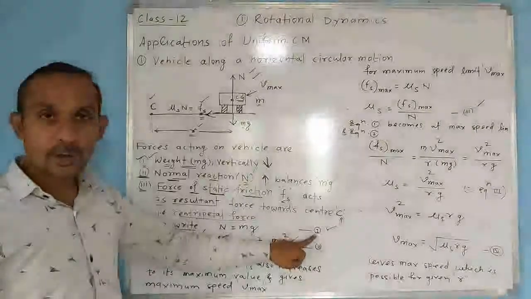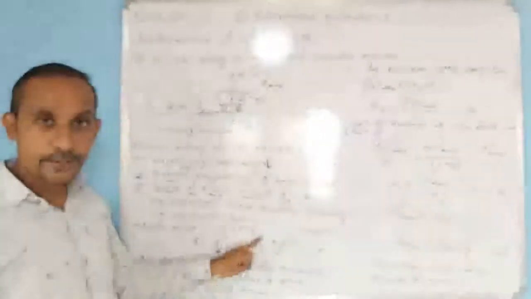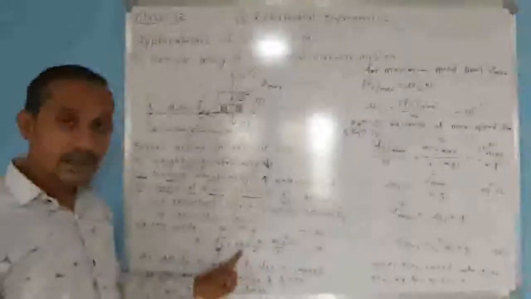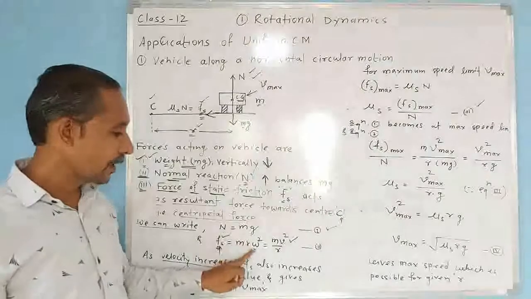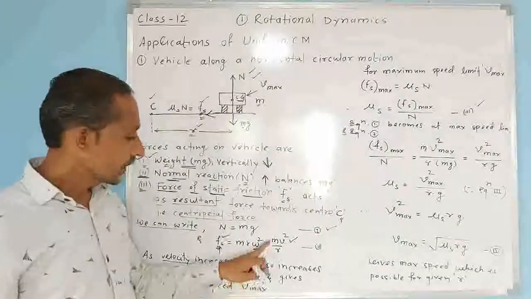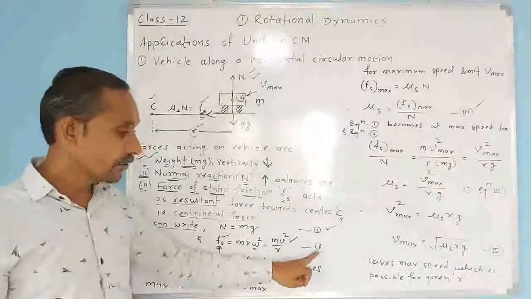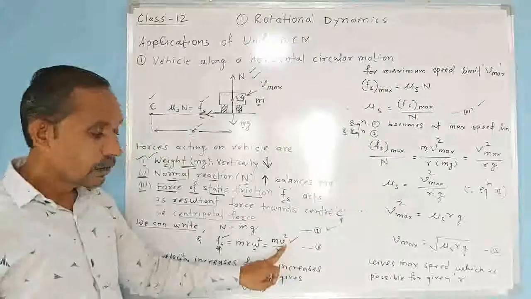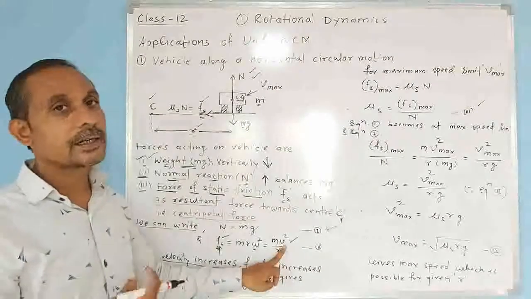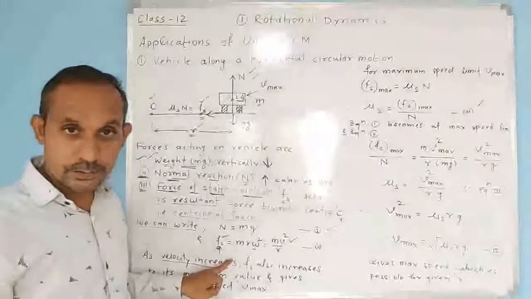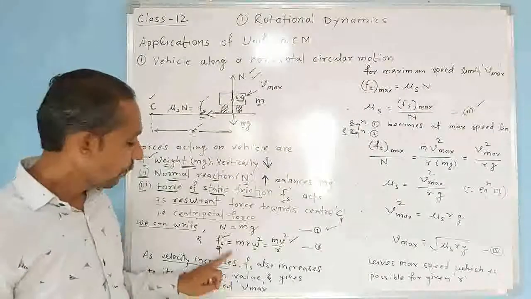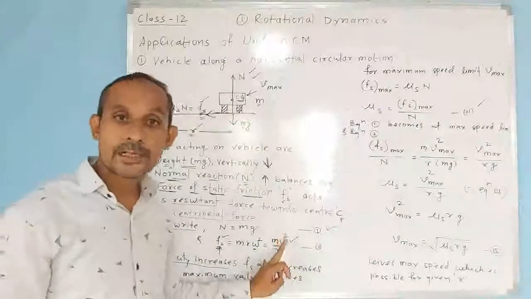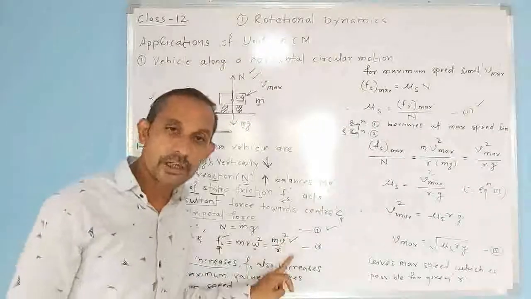From equation number 1, N is equal to mg, and equation 2. In equation 2, the velocity depends on the frictional force. When the frictional force is maximum, we get the maximum speed limit or maximum velocity of the vehicle.